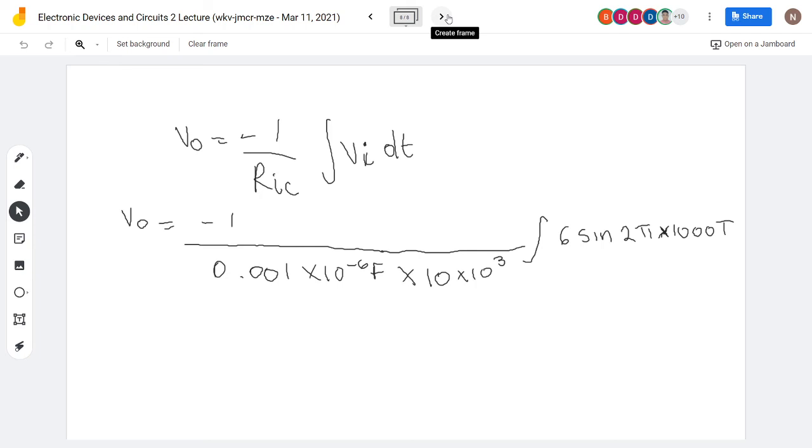So remember now, we're integrating with respect to time. So 6 is a constant. So it means that we're going to bring the 6 outside of the integration sign. So right away, we can just erase the 6 and put it outside the integration sign.